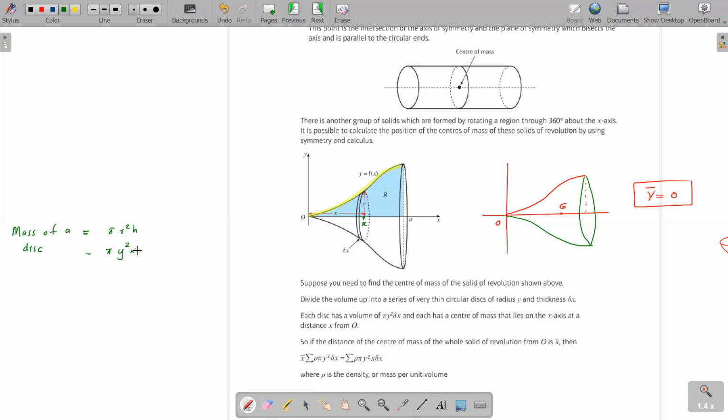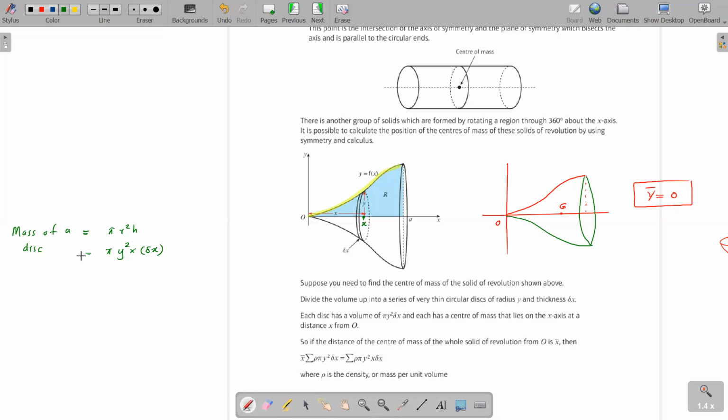Pi y square, and the pi r square into height. So what is the height of the disk, guys? The height of the cylinder is the thickness here, right? So the height is delta x. I'm just doing it to show you guys, because how the equation comes, it comes together really easily.